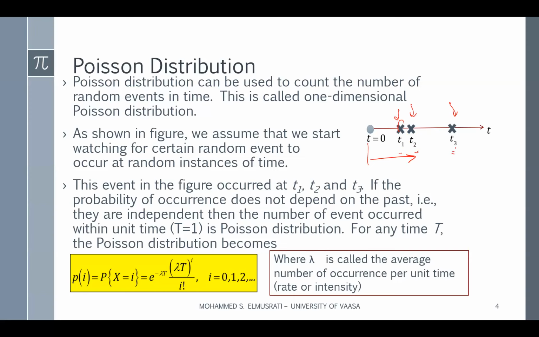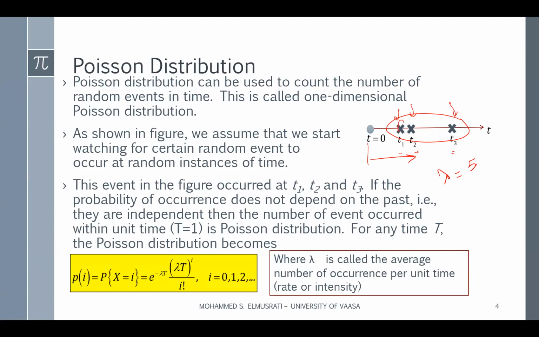So the question here is what is the probability, if the rate of this coming, based on the history, for example, we found that the rate is 5 students, or 5 lamps that might burn out within, let's say, 1 month.